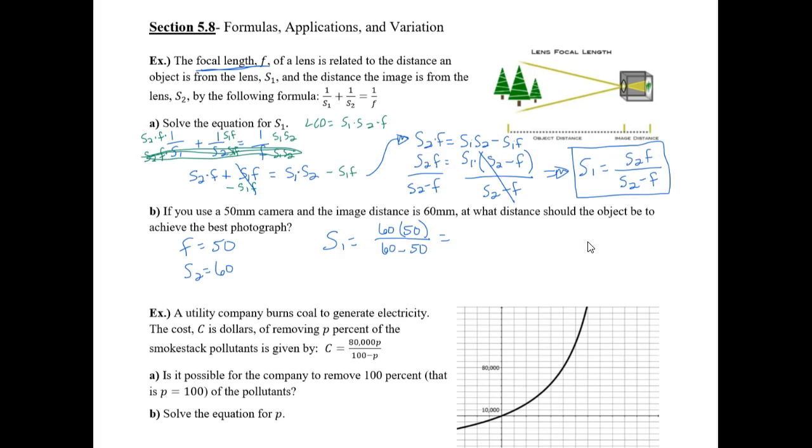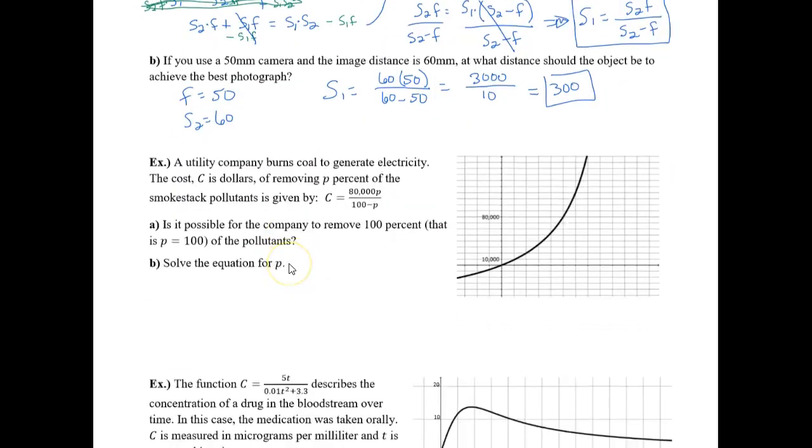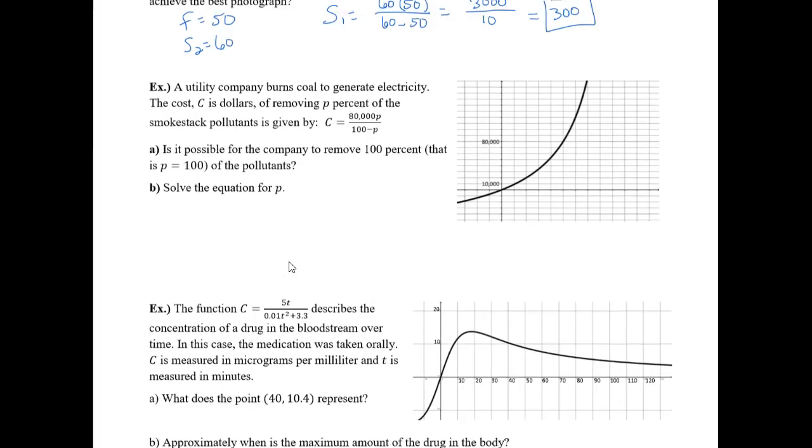In the numerator, 60 times 50 is 3,000. In the denominator, 60 minus 50 is 10. And then 3,000 divided by 10 is 300. And there you have it. Go ahead and try the next two examples of rational equations.